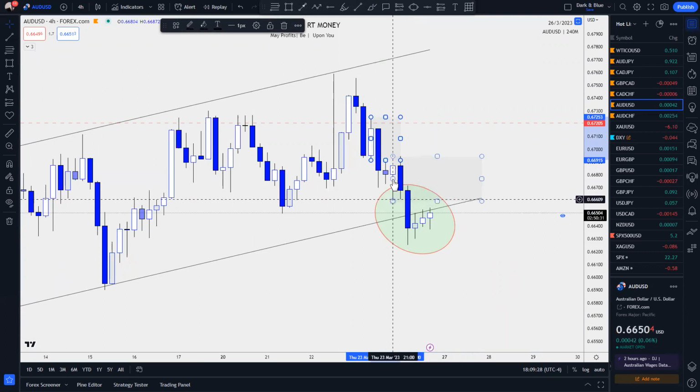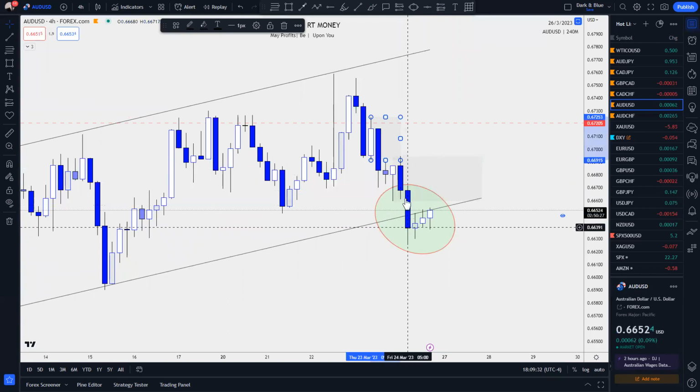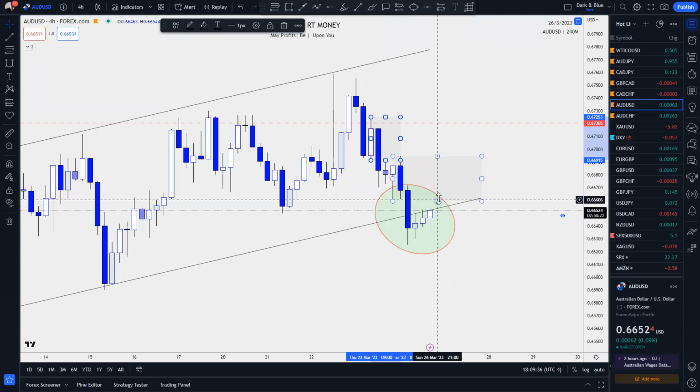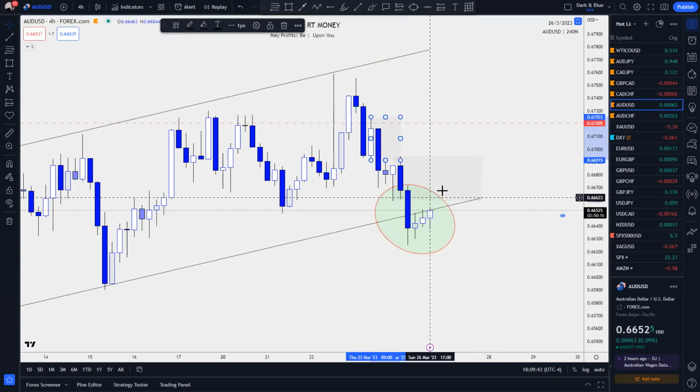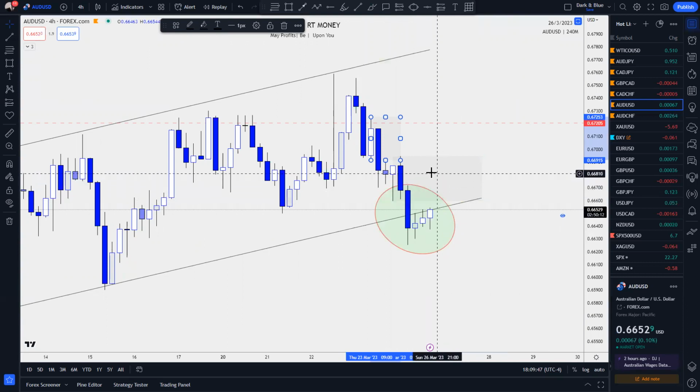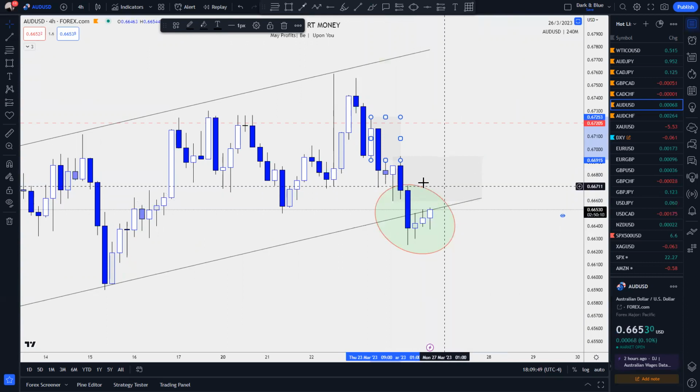You see the way this is set up with this drop, we're going into a fair value gap, and that's always nice to see. So I'm looking at that as a possibility: once the fair value gap is filled, maybe price will find resistance up here, right around the same levels.